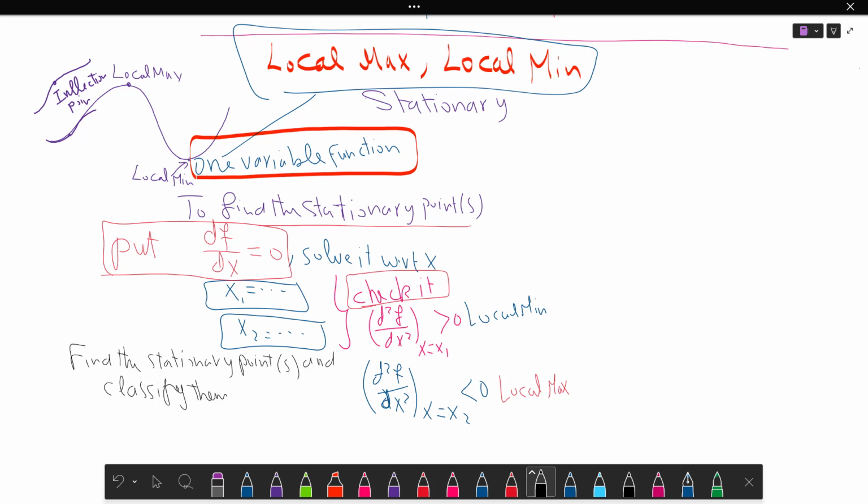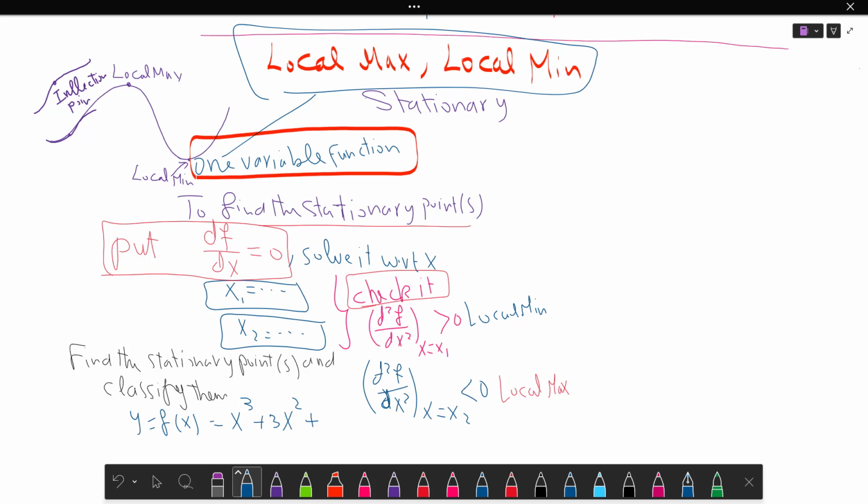So now let's go for f of x or y equal x cube minus 3x squared plus 6x... I would like to have a point here. Just make this one plus.